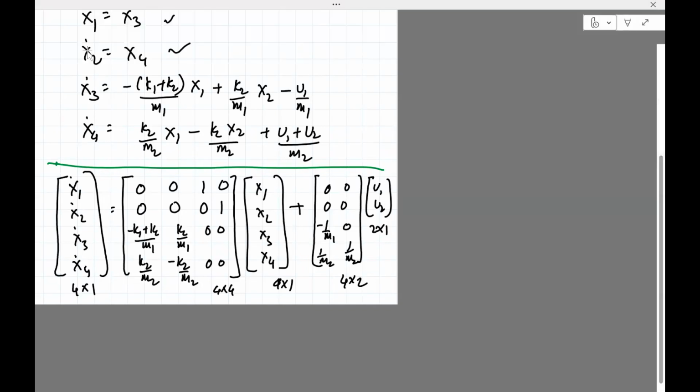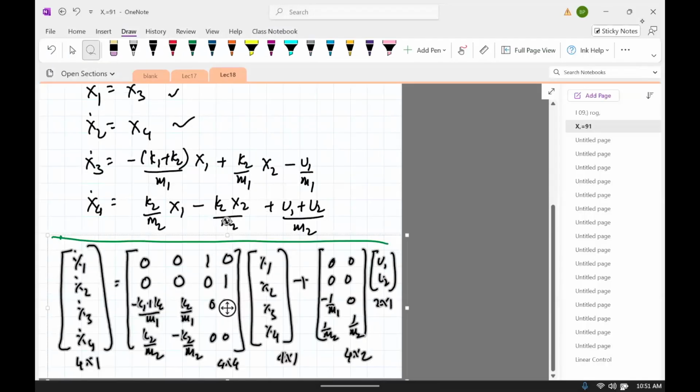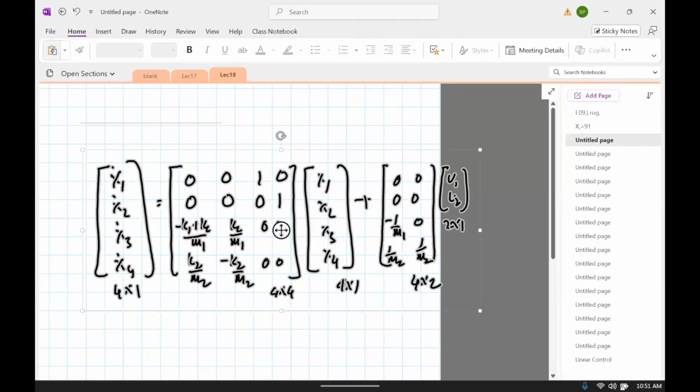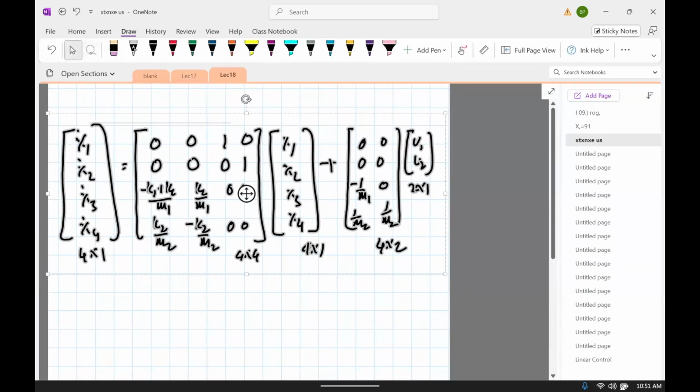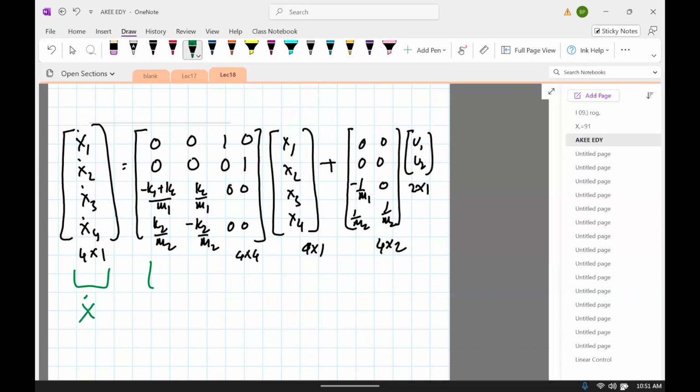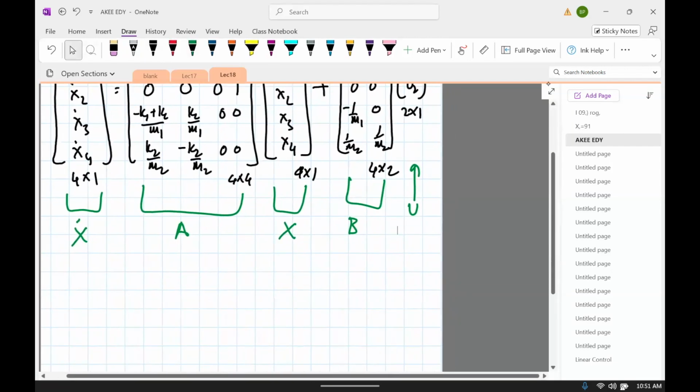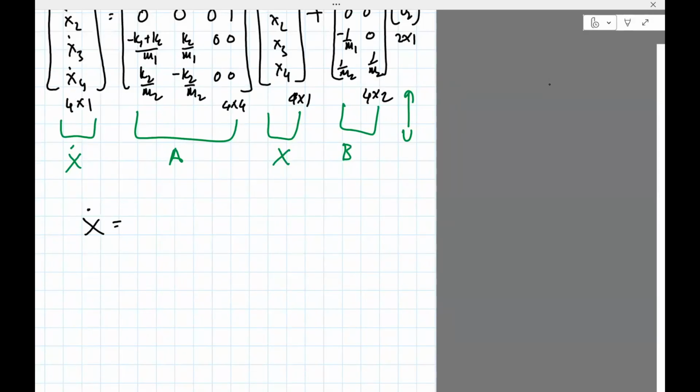Okay, just let me write one more thing and I'll let you go. Just take this, copy. So this is x dot. This thing is called A. This thing is called X. This is B. And this is U. So you'll often see this kind of form written down in textbooks or other places.